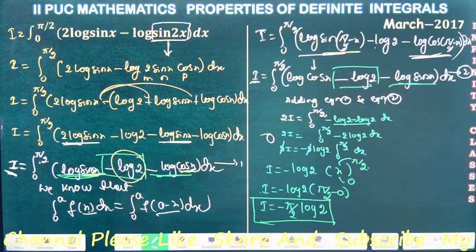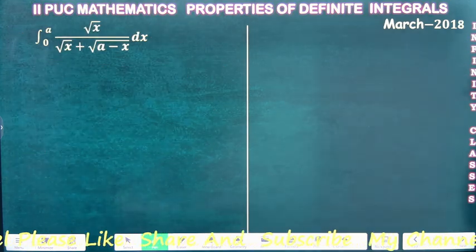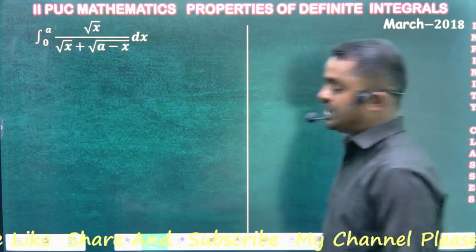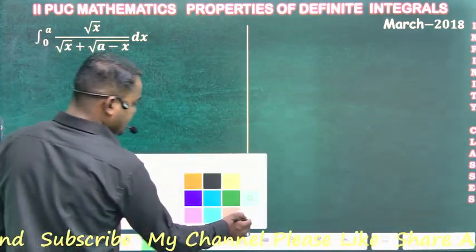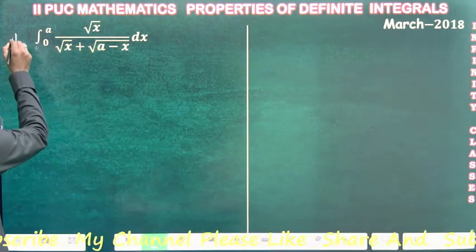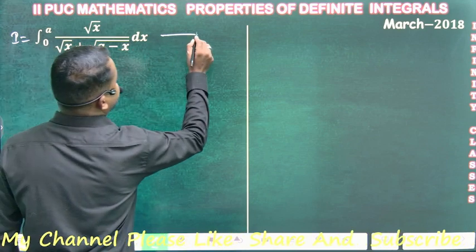So next, moving to the next problem, that is the March 2018 problem that was asked in March 2018. Let us see here. First, I is equal to the given integral, this is equation 1.